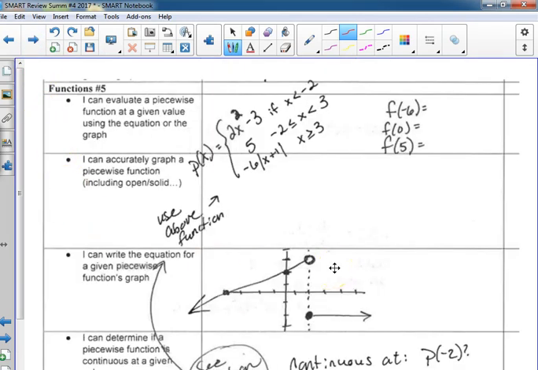This is the piecewise, which is called 1.5 part B on the quiz. I can evaluate a piecewise function at a given value. So could you find f of -6? We really killed this yesterday, didn't we? Do we need to do these? Not do them at all?